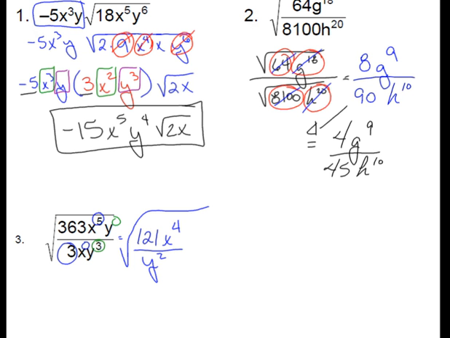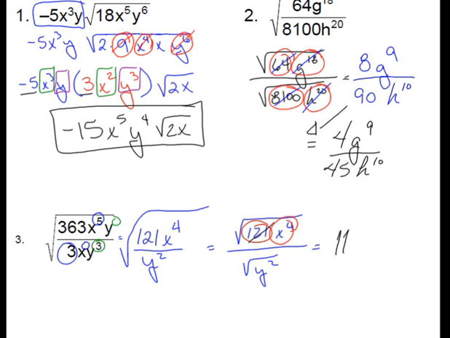Now I go through and separate it like I did in number 2. So I'm going to do the square root of 121 x to the 4th over the square root of y squared. Well, 121 is a perfect square, and the square root of 121 is 11. Done with that portion.